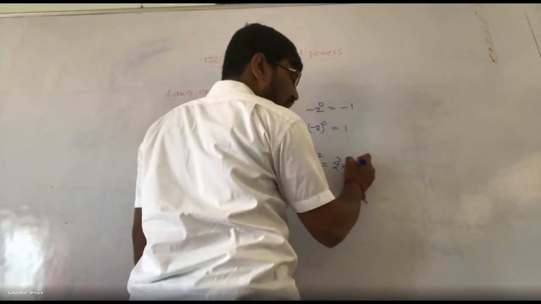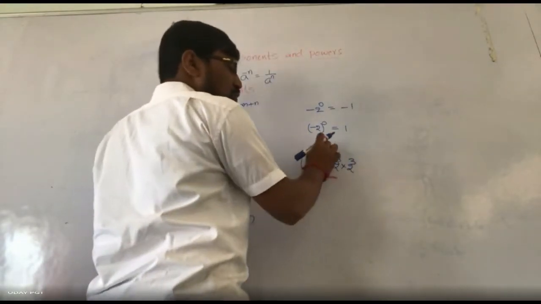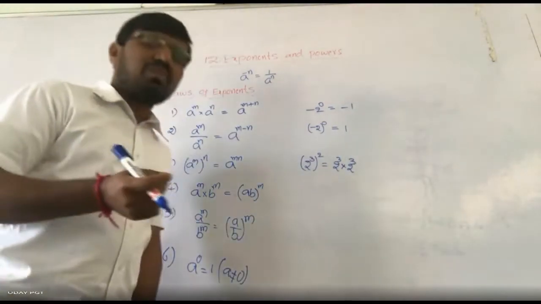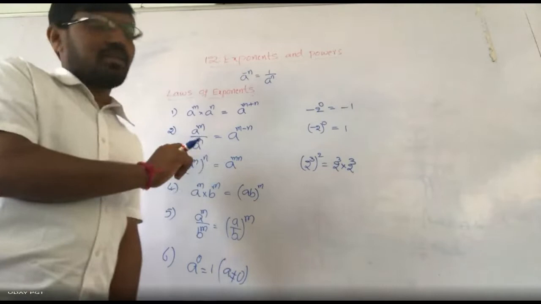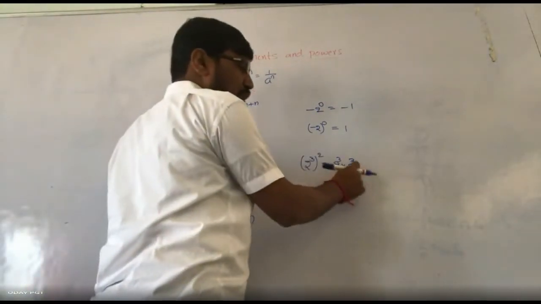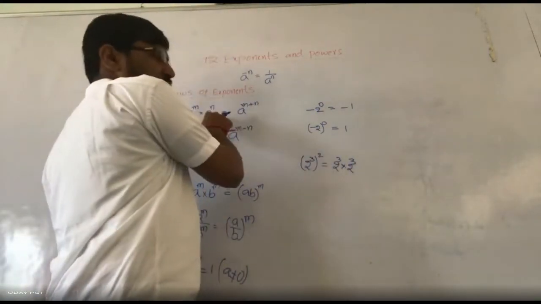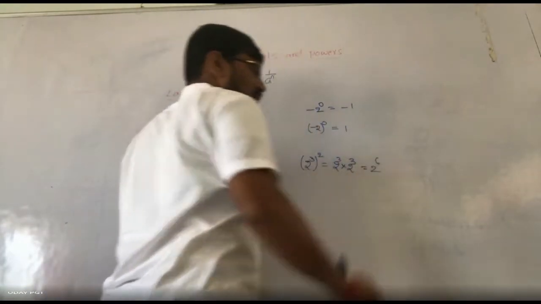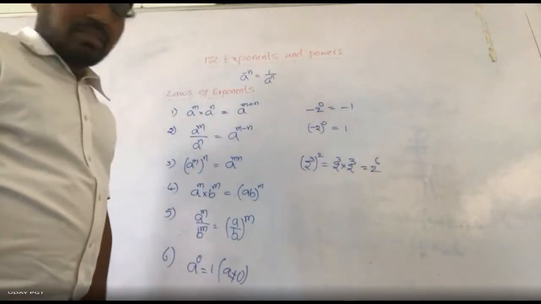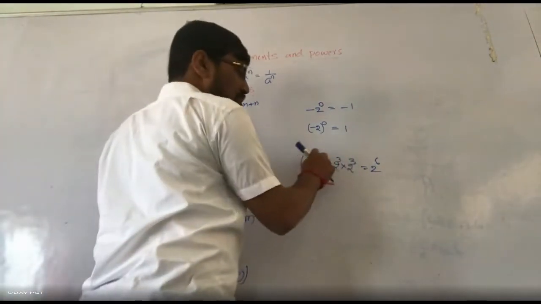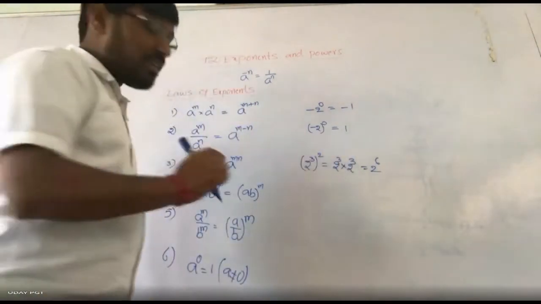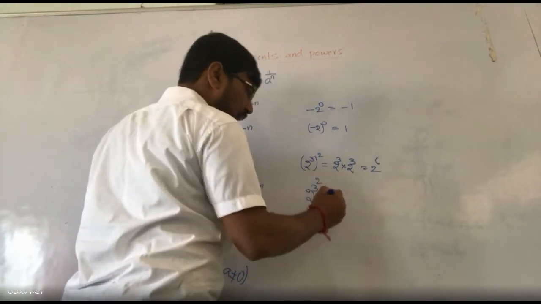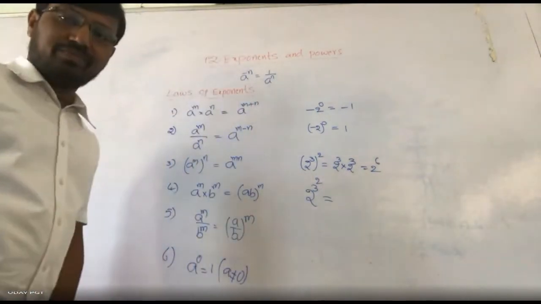Something squared means that number should be written 2 times. So 2 power 3, 2 power 3, 2 times. As per this definition, you can write it as 2 power 6. How do you get 6? You multiply these two. But this is completely different. Can anyone tell me what is its value?